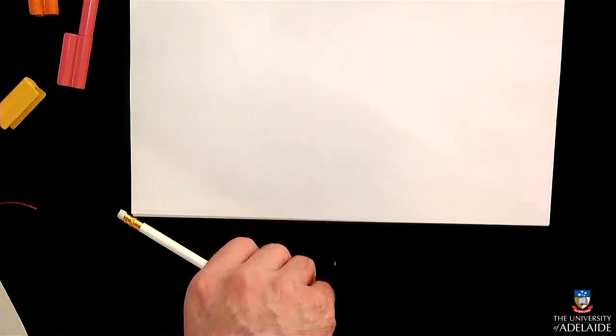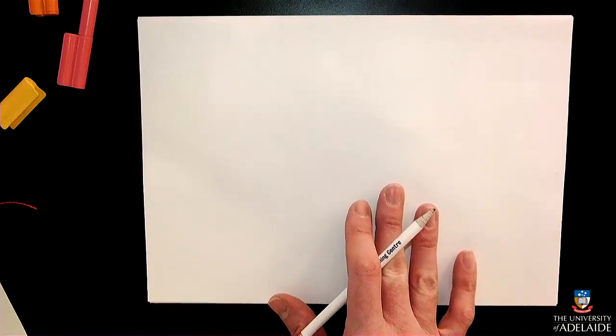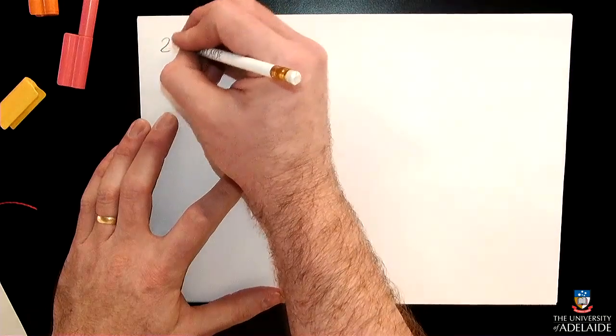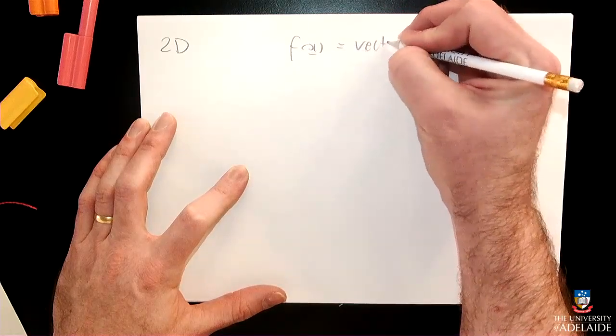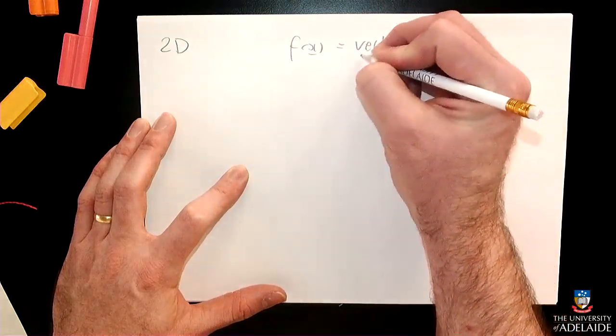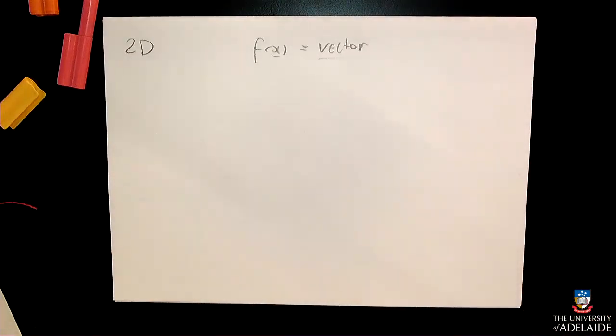So there is one more 2D integral, which you may not recognize as what I'm about to call it. Maybe you have something that instead of producing a number every time you do it, produces a vector.